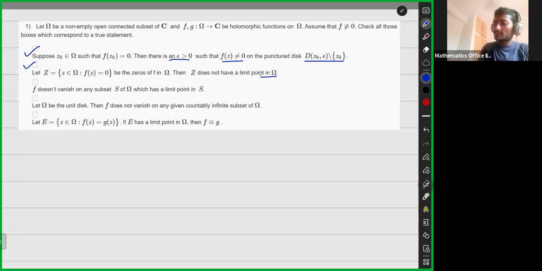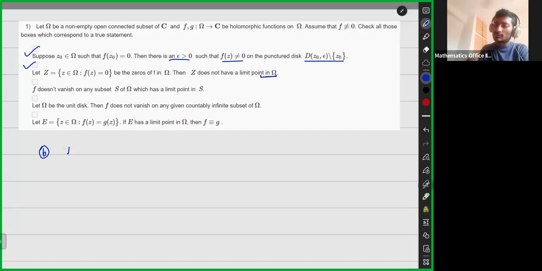Inside omega is what we require. The limit point can lie on the boundary. So one example was given for B. It is necessary that they have limit points inside omega.